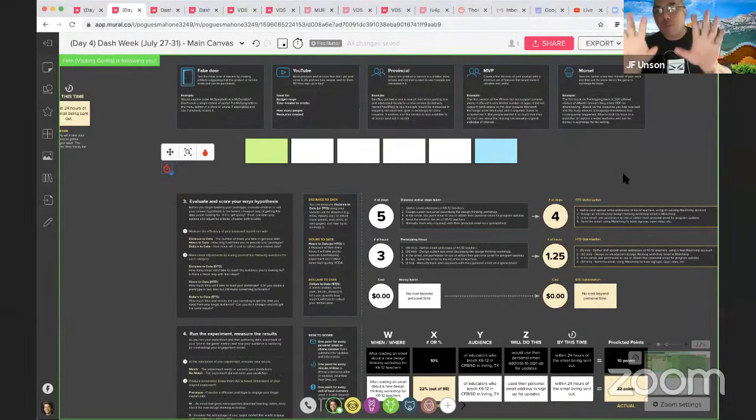Having those two can give you a more holistic view that might spur some more thinking of things you may not have known. So that's where I'm seeing this right now.